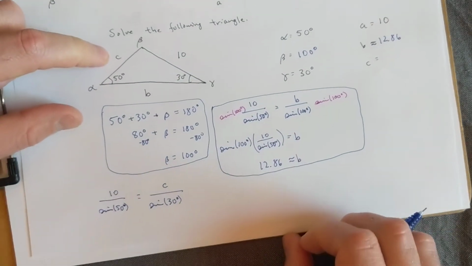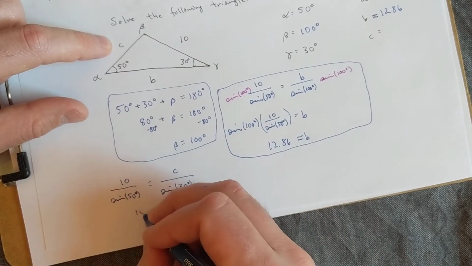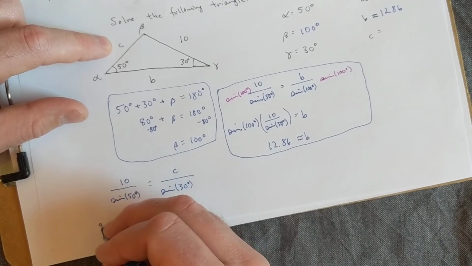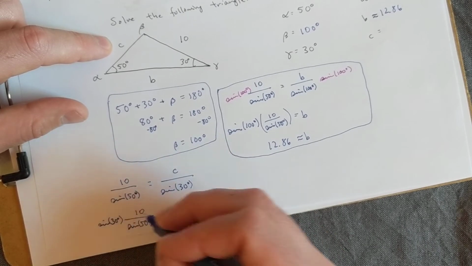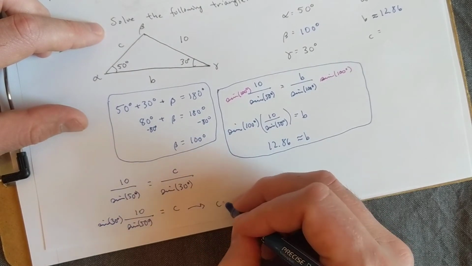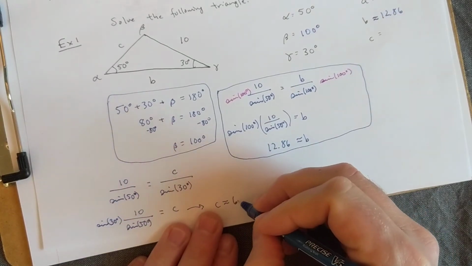And then do the exact same thing. So I'm going to multiply both sides by sine of 30. It'll cancel on the right side. And on the left-hand side, I'll get this. And that tells me that C is approximately, if I put this in a calculator, 6.53.